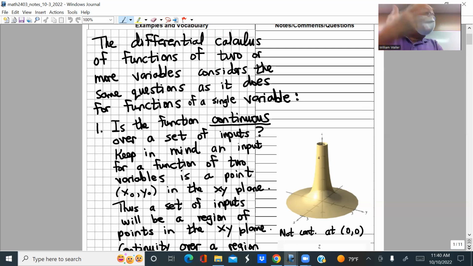But we're graphing surfaces, and these are not easy to graph. So unfortunately, we won't be able to rely on graphs to help us understand problems as much as we did in calculus 1, because we just cannot construct the graphs that easily. But whenever we do get the chance, we'll try to look at the graphs.